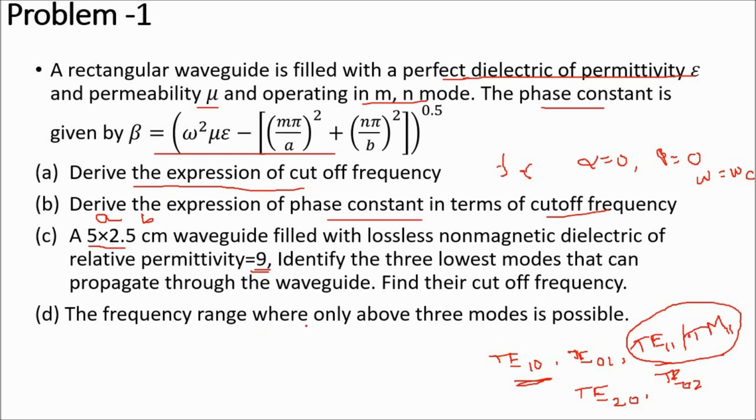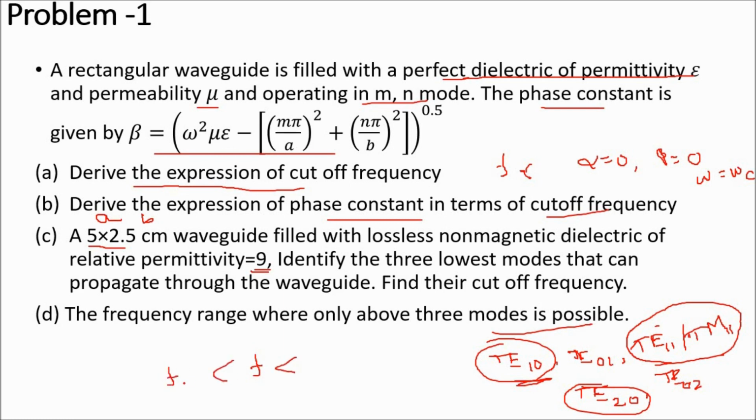The frequency range where only the above 3 modes are possible. So you can find the frequency of this. Let's say this is the lowest frequency and this is the highest frequency. Then you can find the frequency range, operating frequency between this and this.